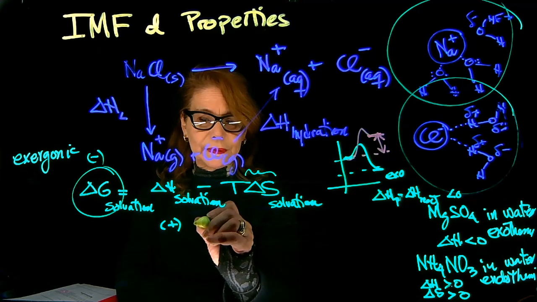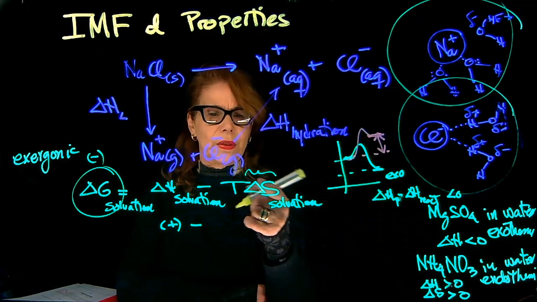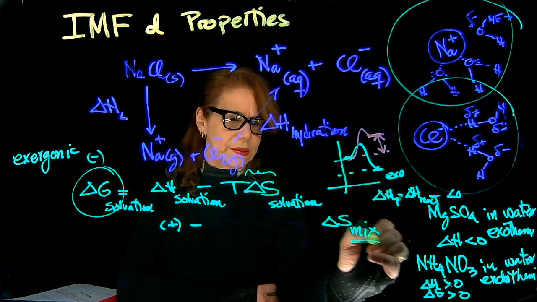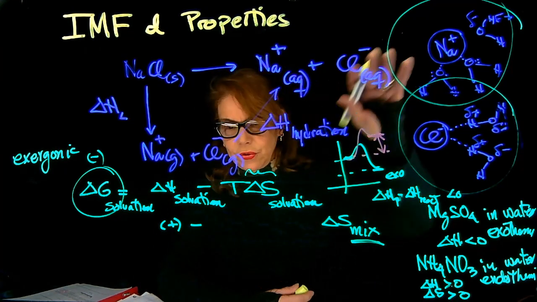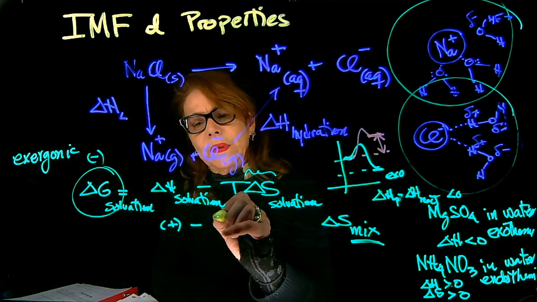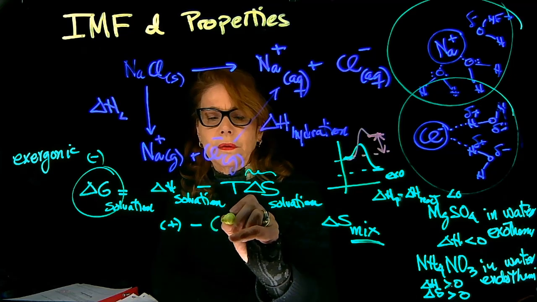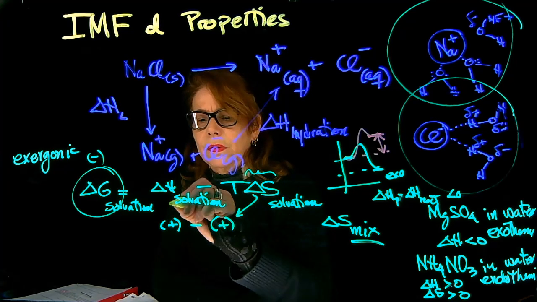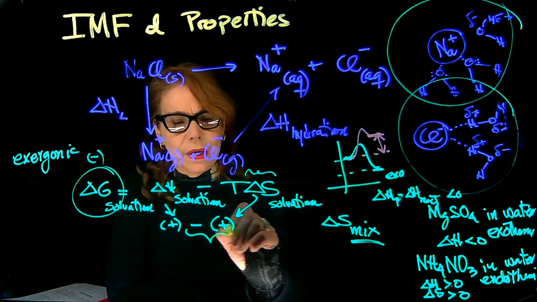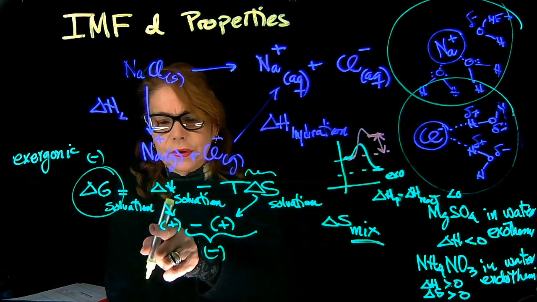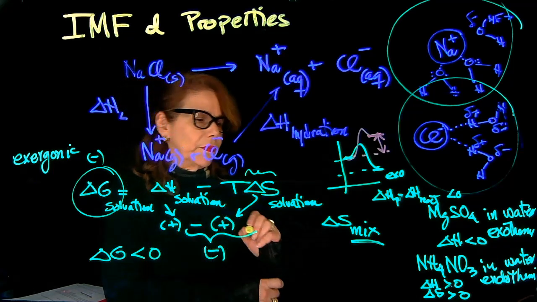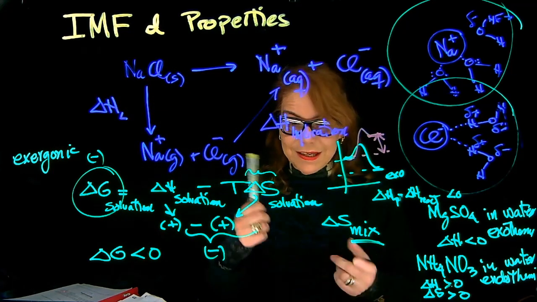But the process is still spontaneous because of the change of entropy of the mix. There is a big increase in entropy as we dissolve. Overall, the process happens because this term being negative is larger than this one. And what we want is a negative delta G to be spontaneous.